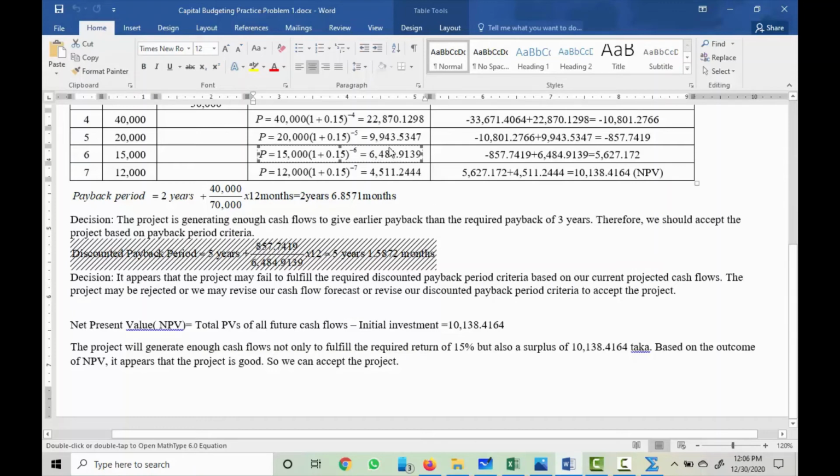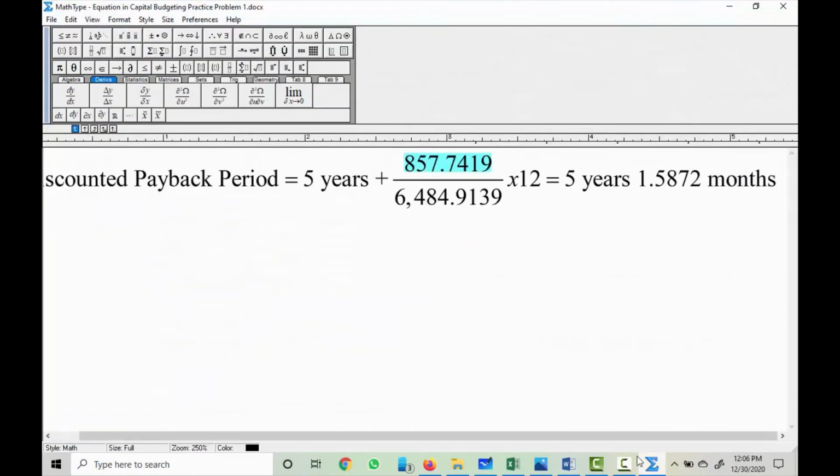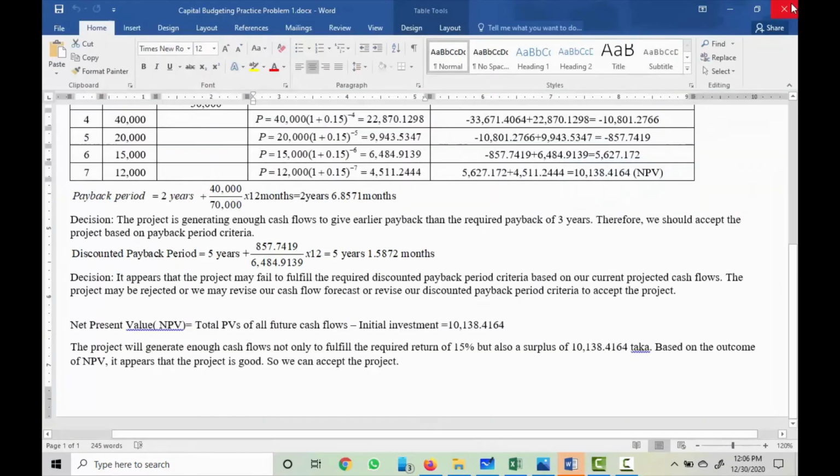So if you divide 857 by 6,484 and multiply it by 12, we will get exactly how many months it will take. So the discounted payback period is 5 years 1.5872 months.